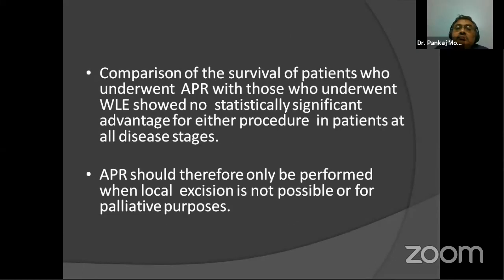According to studies comparing survival of patients who underwent APR with those who underwent wide local excision, there was no statistically significant advantage for either procedure at any disease stage, and therefore APR should only be performed when local excision is not possible or for palliative purposes.